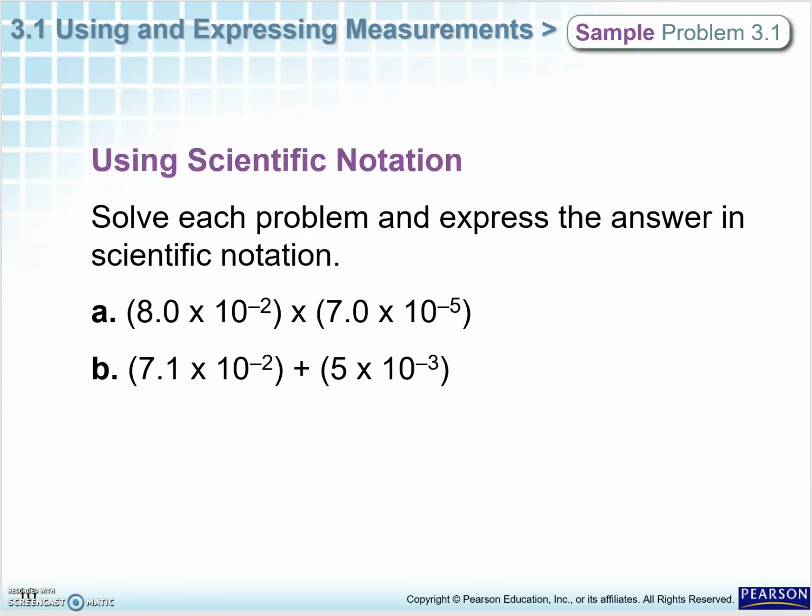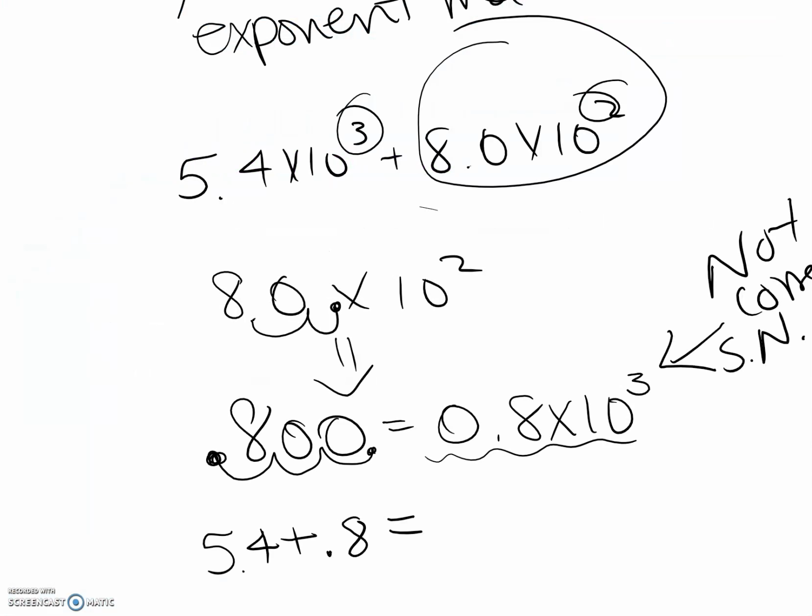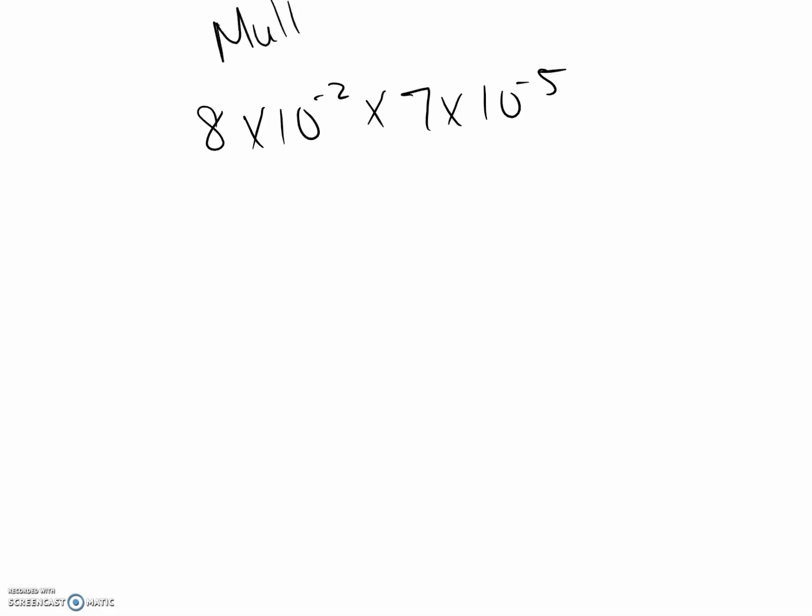So let's try this out with the following questions. Okay, so for the first question, we have 8 times 10 to the negative second times 7 times 10 to the negative fifth. So for multiplication, you add exponents.